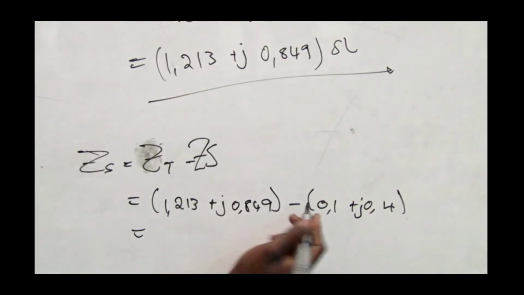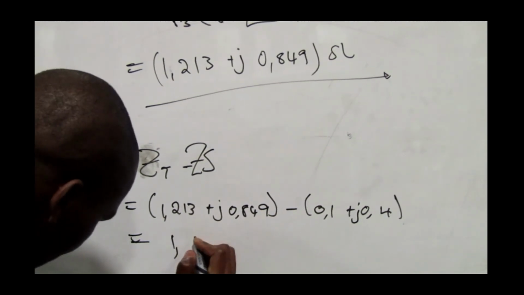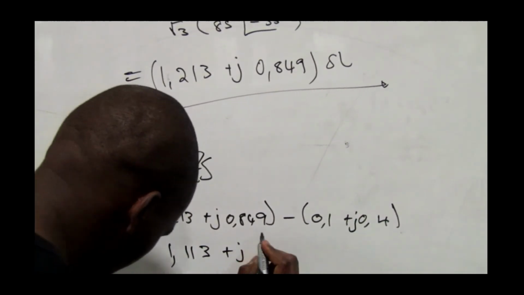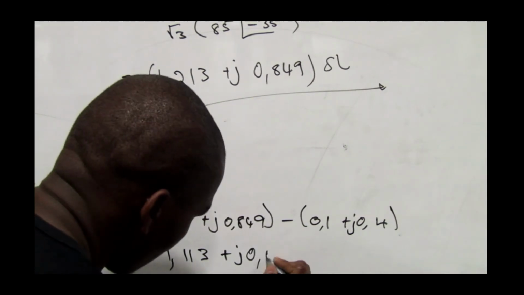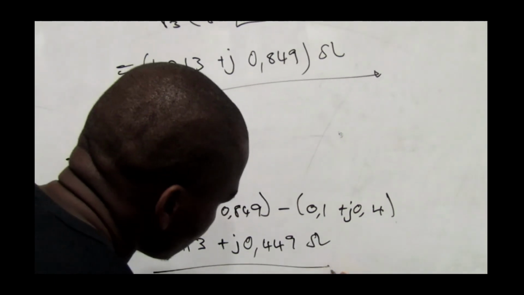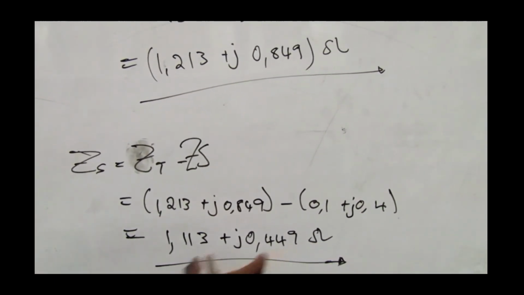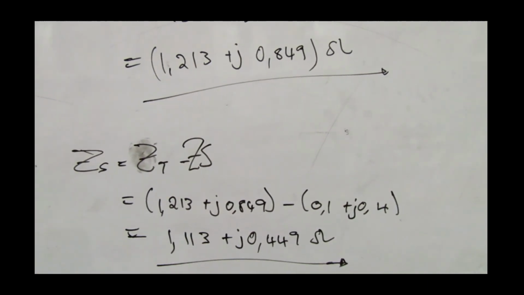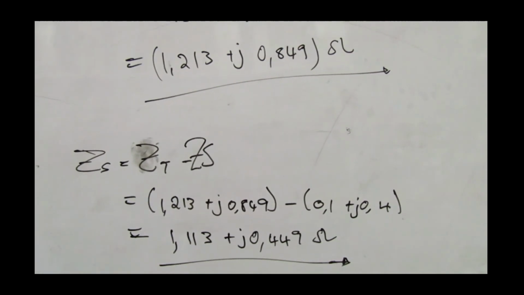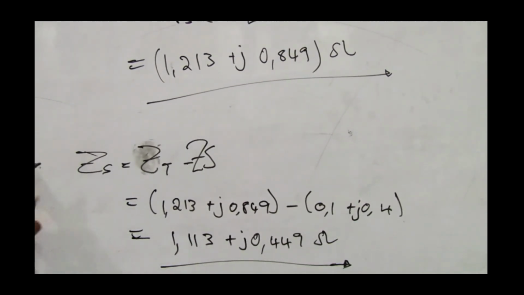Remember this, guys, this one is an imaginary number. So our answer is 1.113 plus j0.449 ohms. This is our value. This is the impedance that needs to be connected in series to limit our current. Okay, this was our first question, question 1A.